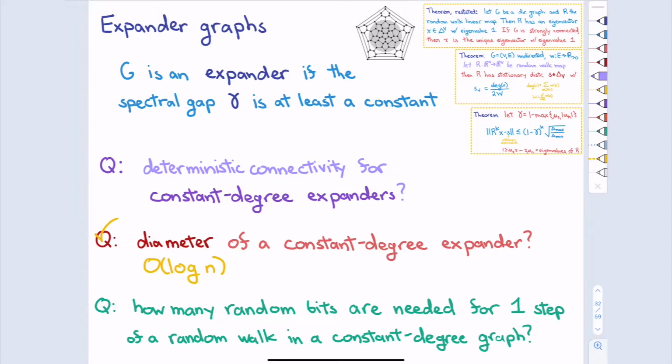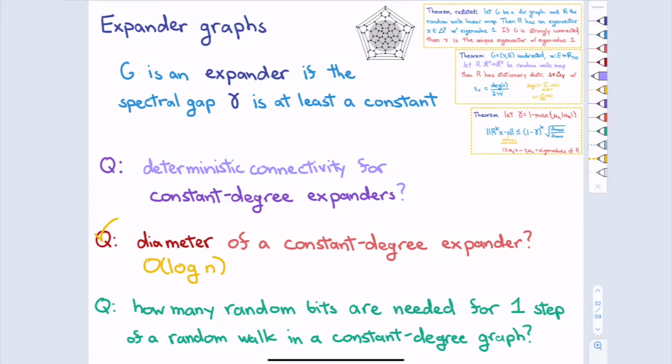Let me ask another question. How many bits would it take to write down that short path from S to T? Okay. So there's a constant number of choices here, constant number of choices here, constant number of choices here, right? So at the end, you only need log n bits to go from S to T, okay?